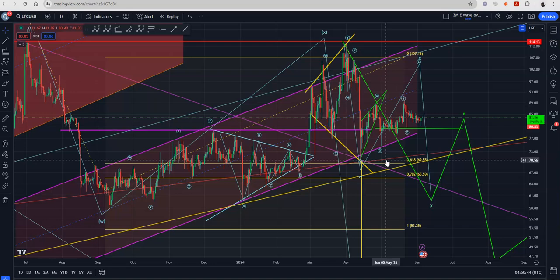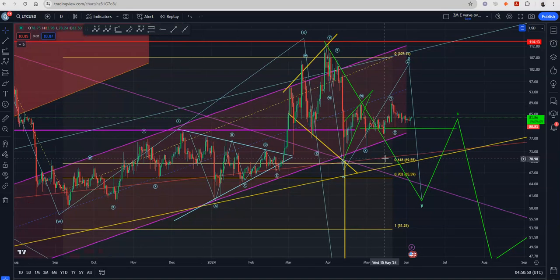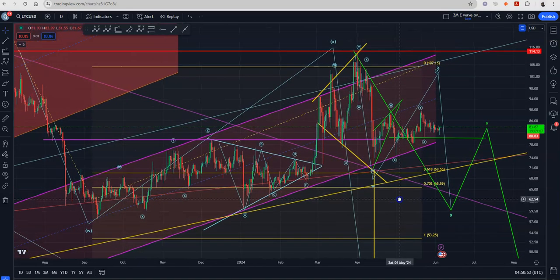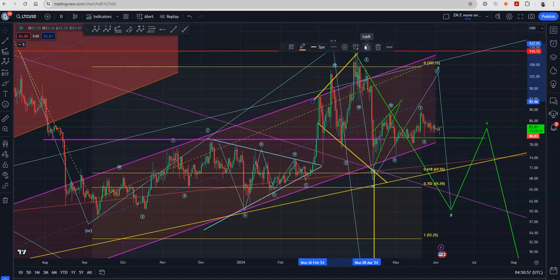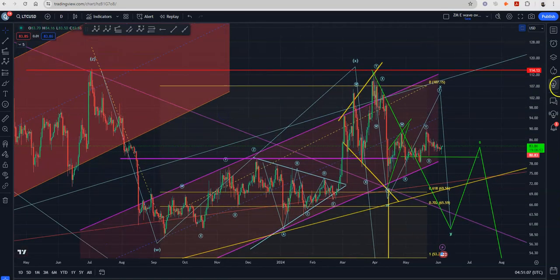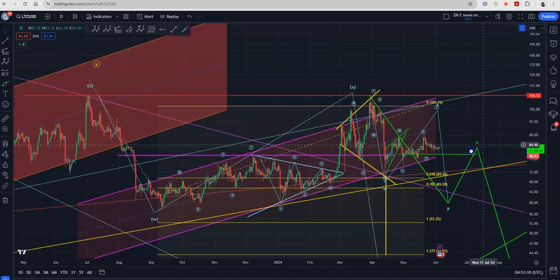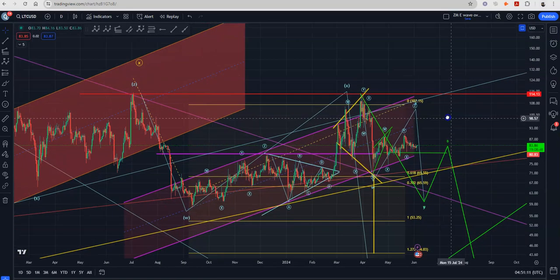Whoa, actually, whoa. Wait a minute, guys. Something that is very unique to Elliott wave theory is ending triangle patterns can terminate a structure and end up in a bullish direction. So this giant megaphone pattern could be the termination of the structure.